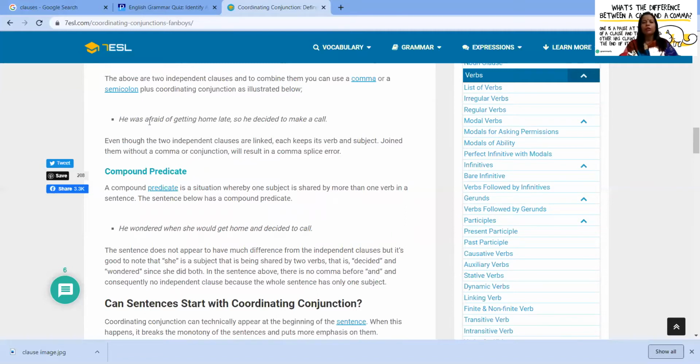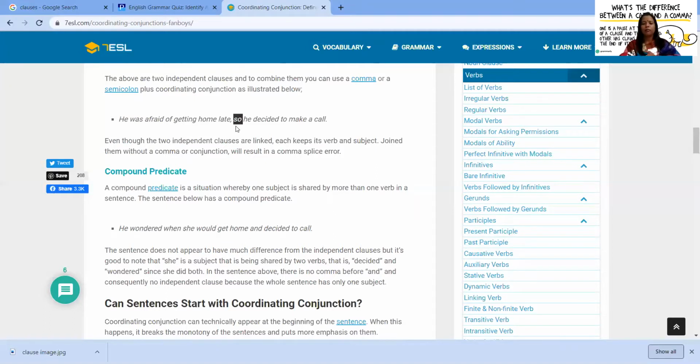So now, what am I doing? Look at the highlighted portion. This is one independent clause, and this one, he decided to make a call, is the other. Now I'm joining these two independent clauses with one coordinating conjunction, which is a part of FANBOYS, that is, so.